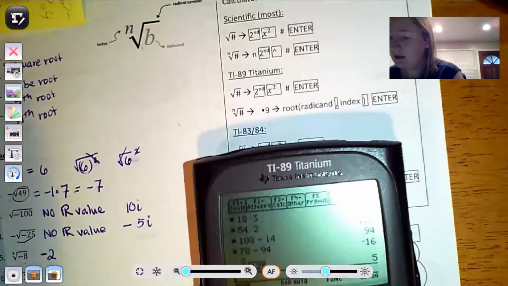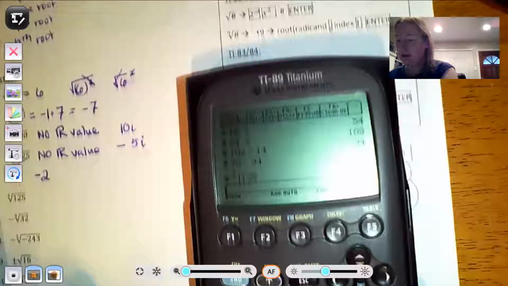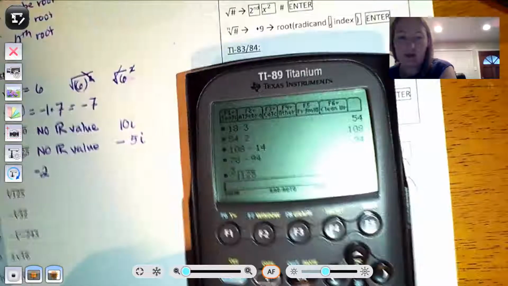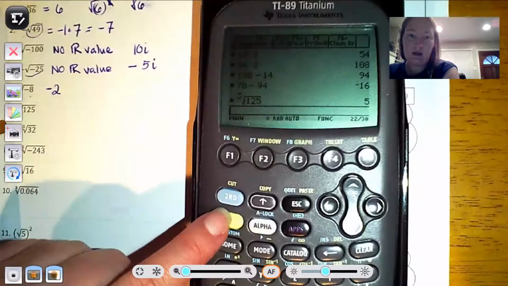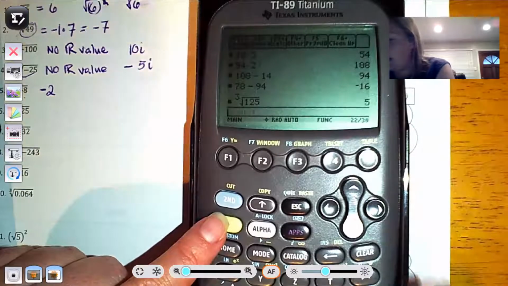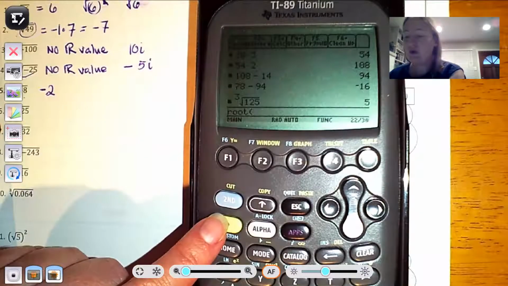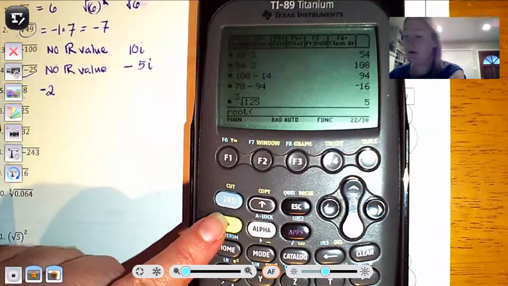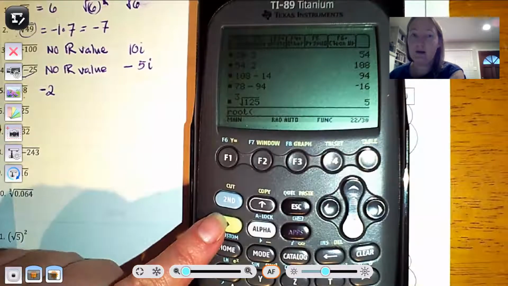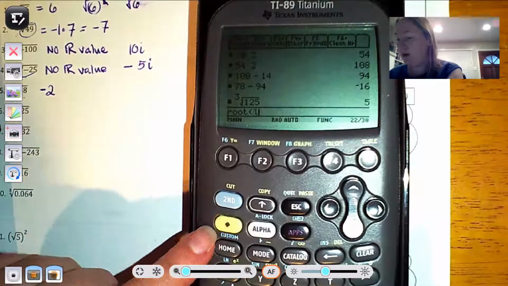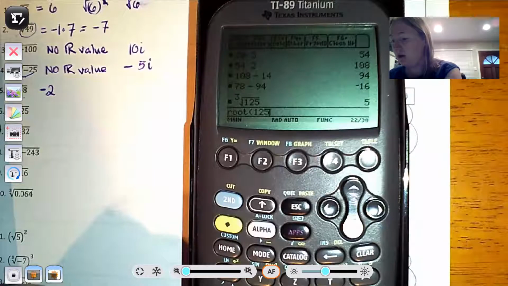there is a shortcut button where you hit the diamond, the green diamond, and then you hit 9, and it'll say root. So if I wanted the cube root of 125, like I did earlier, you do 125, comma 3.